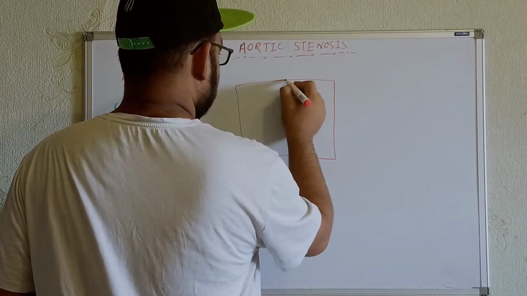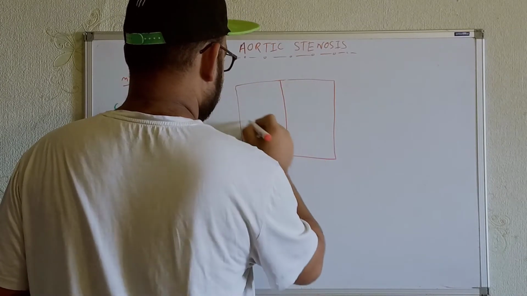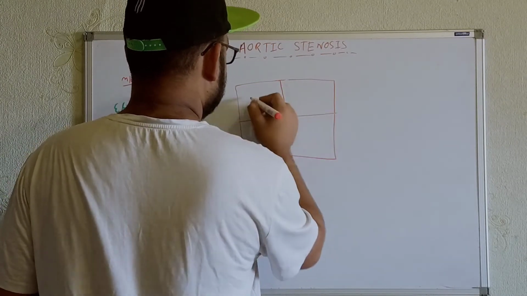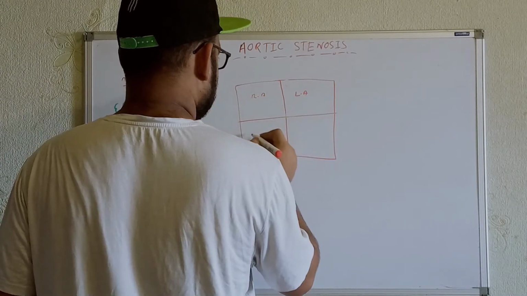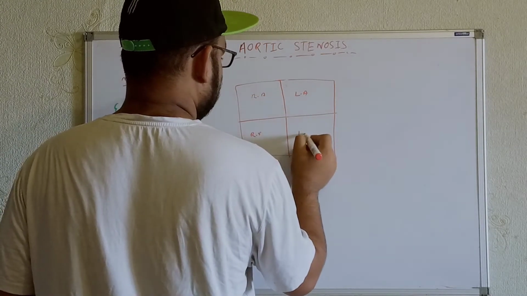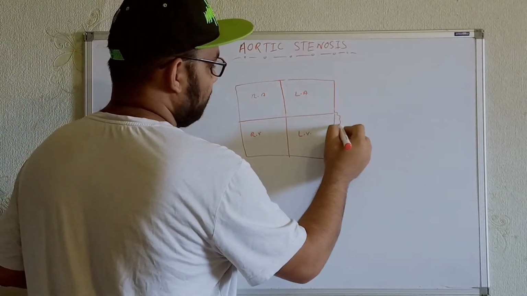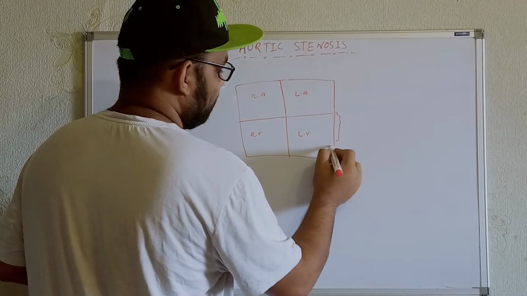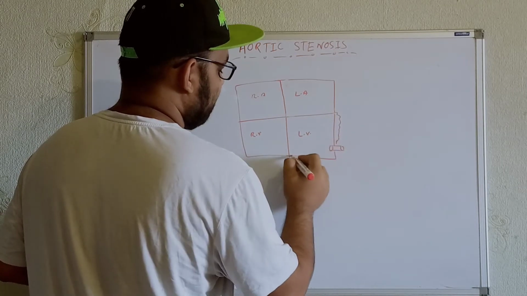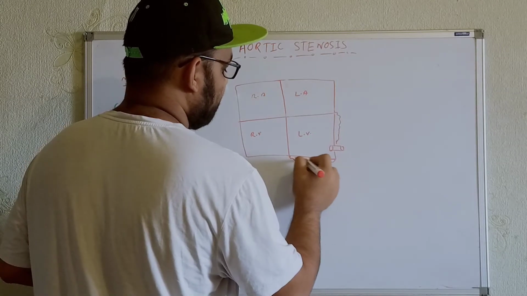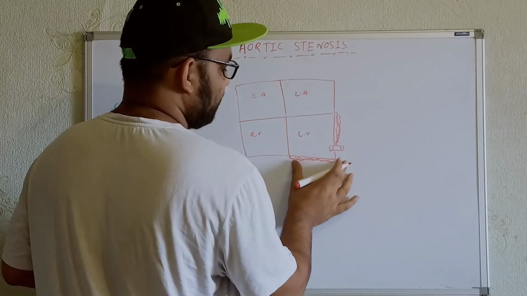Now see, I'm considering this the right atrium, left atrium, right ventricle, and left ventricle. Let me show here, for example, this is the aortic valve. We are getting hypertrophy here within the left ventricle. As a result, we will see the pressure here will be more.